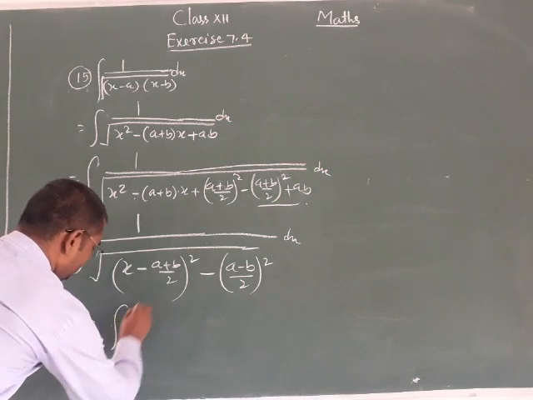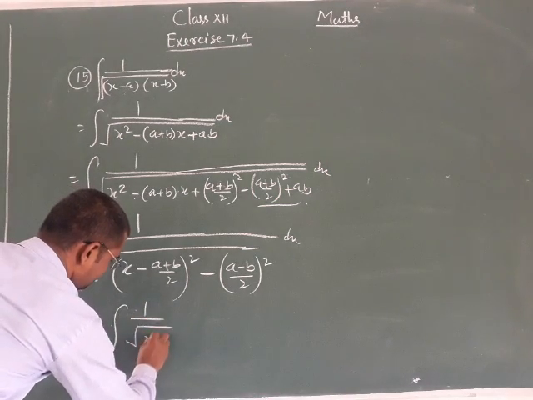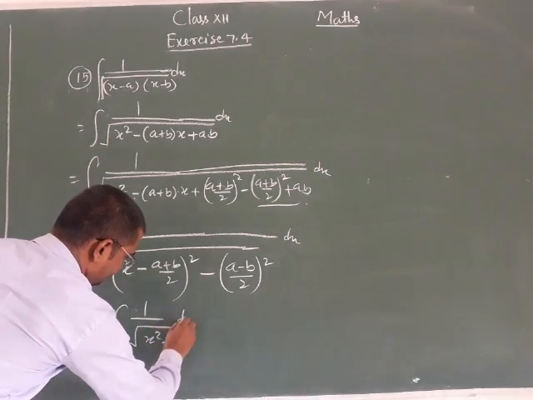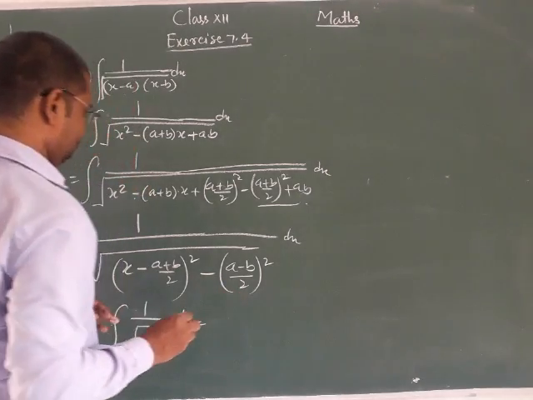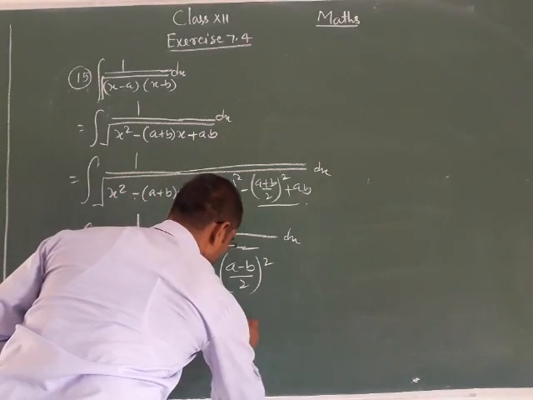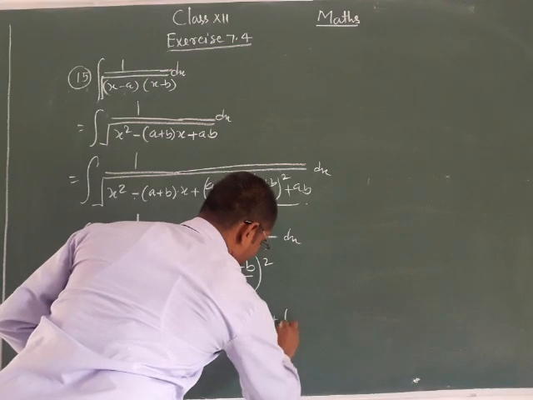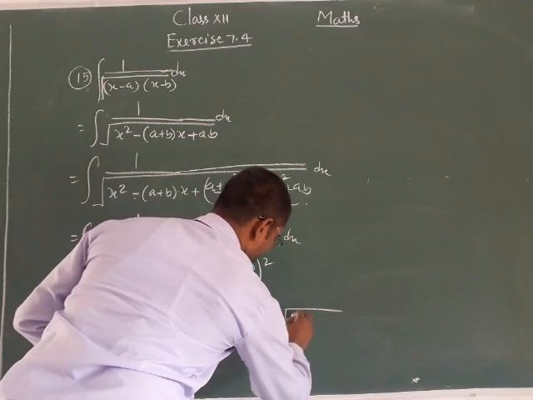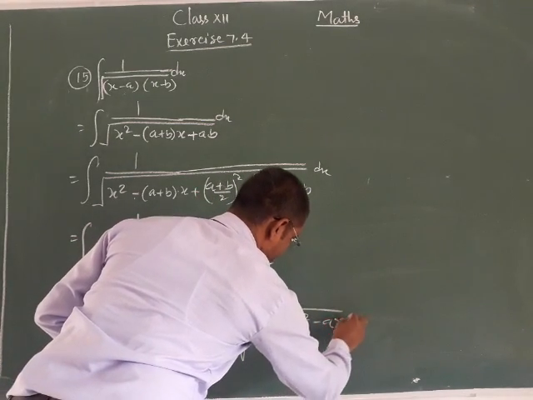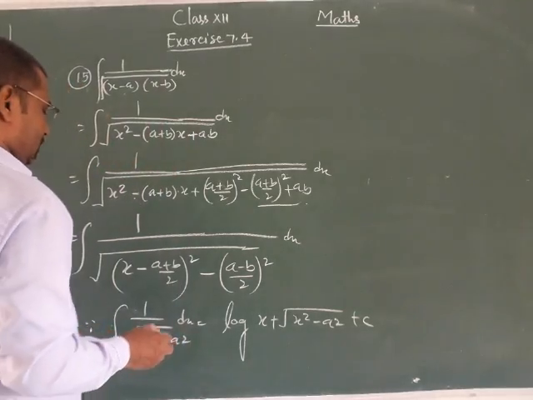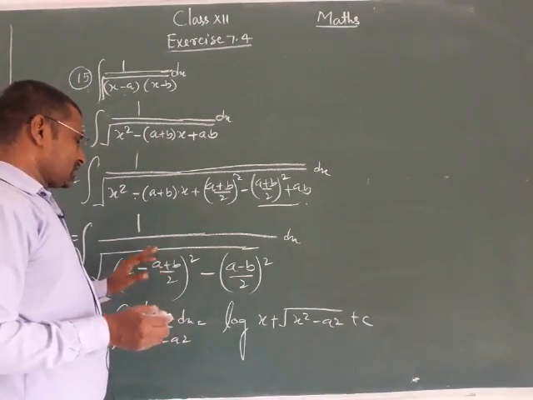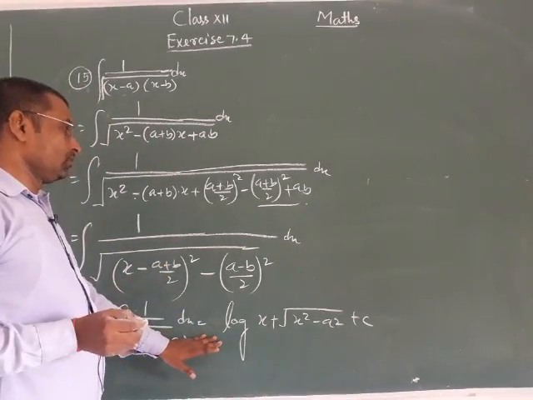Since the integral of 1 upon root x square minus a square dx is equal to log of x plus root x square minus a square plus c, you can solve by this formula.